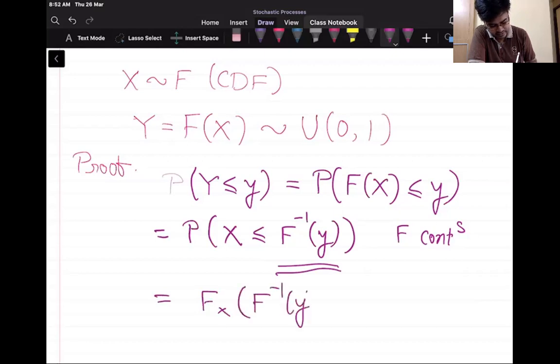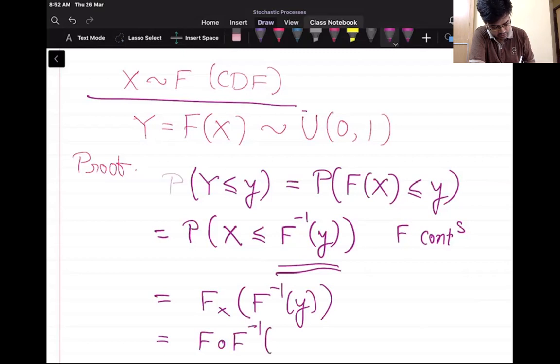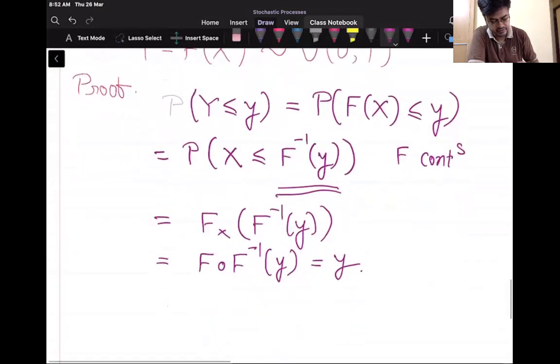What does this mean? This F_X is actually F, because my assumption is X follows F. Therefore, what I get here is F of F inverse of y, which is equal to y. Now, do I know a random variable which has this property?